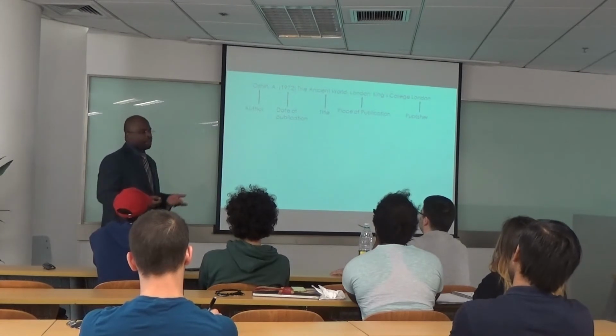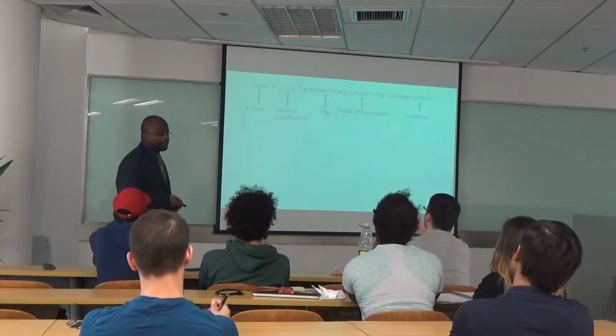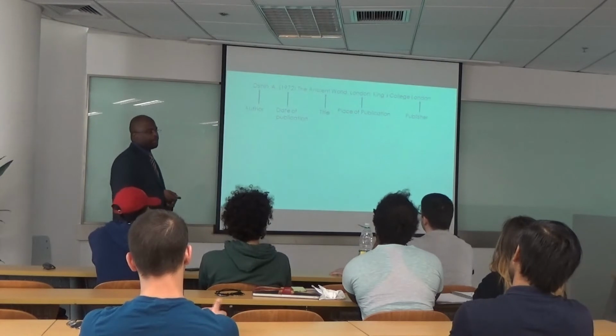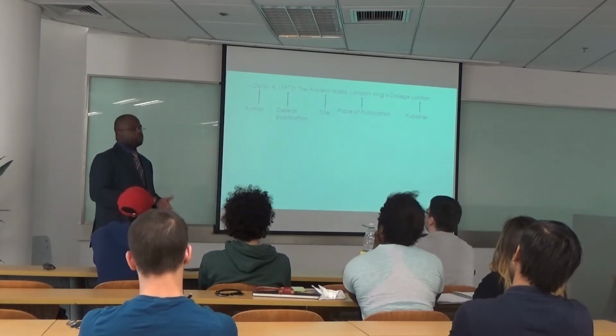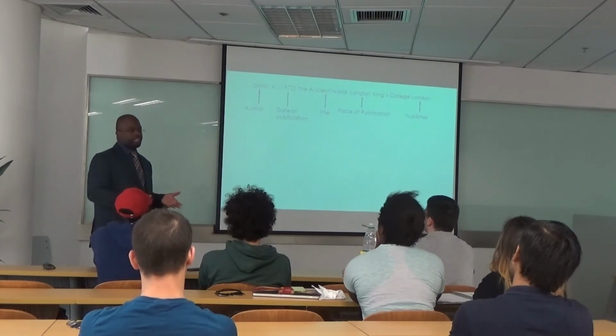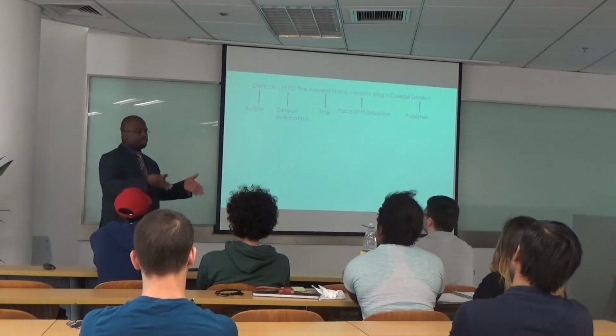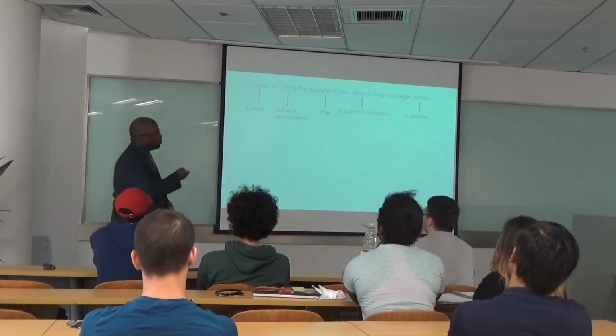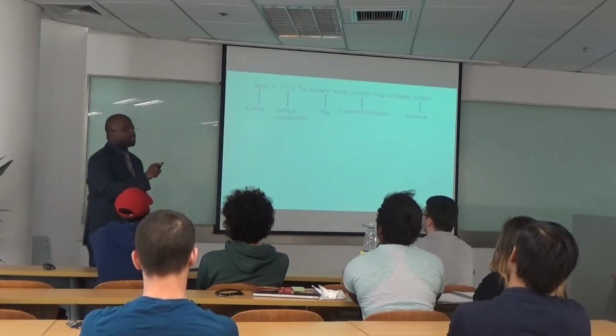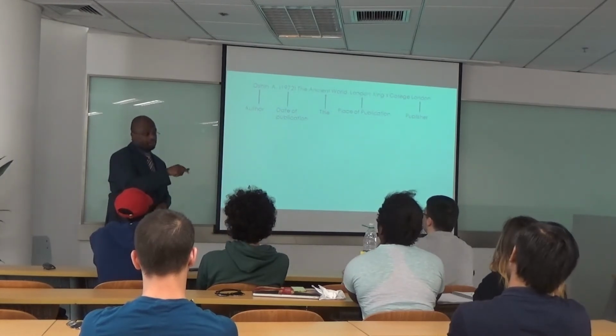So let's say you study in America or something. Frankfurt, there's Frankfurt in Germany, of course, and Frankfurt in New York State. So if the place of publication was Frankfurt in New York State, then you put Frankfurt, parentheses, NY, USA.